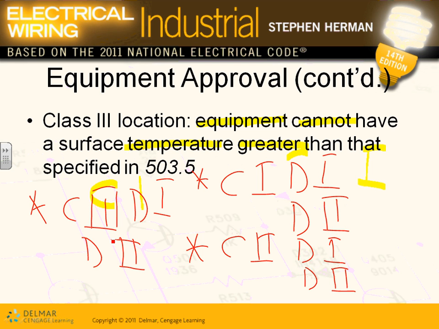All you care about is the listing on these equipments. If the equipment has any of these listings, this means, without getting into all the temperature stuff, it's rated for these locations. That's all you care about.